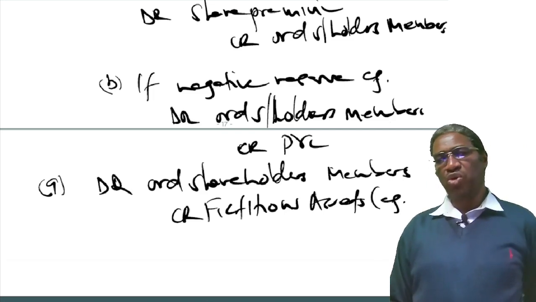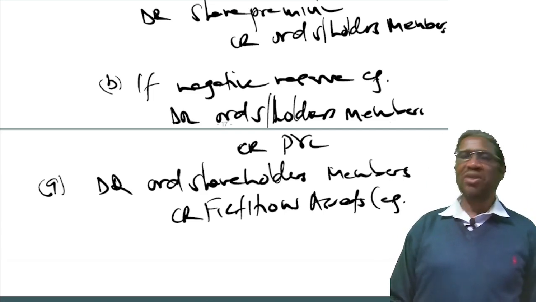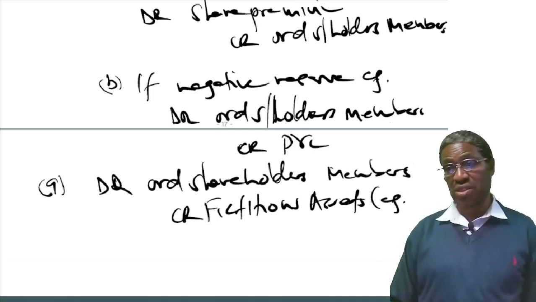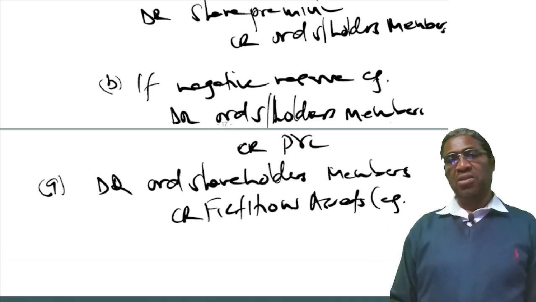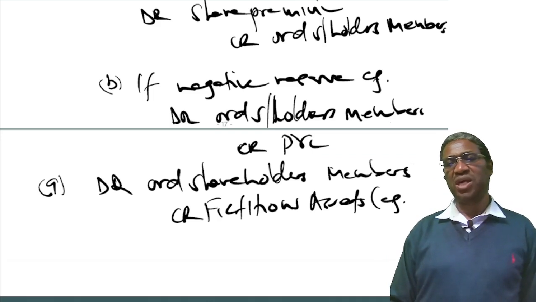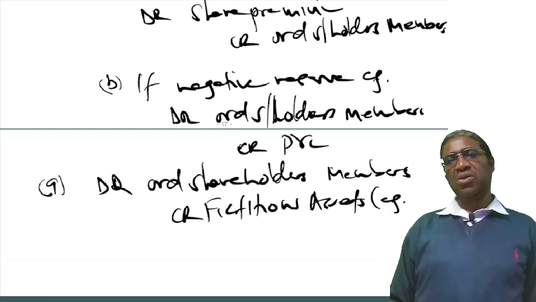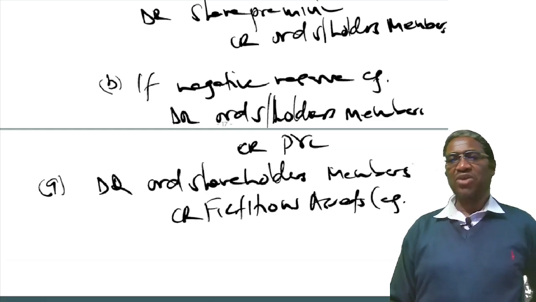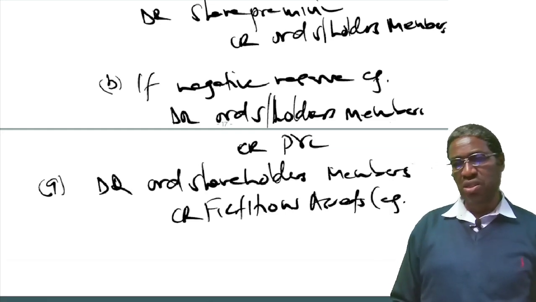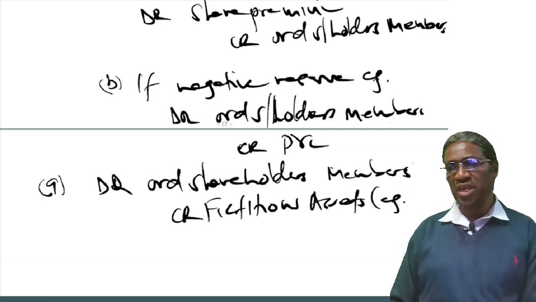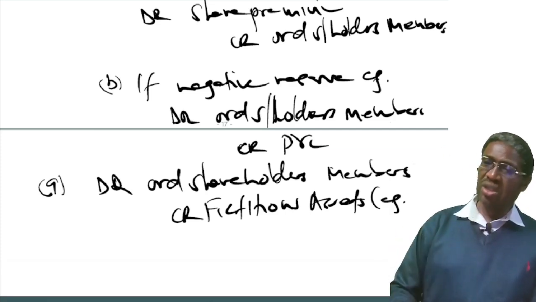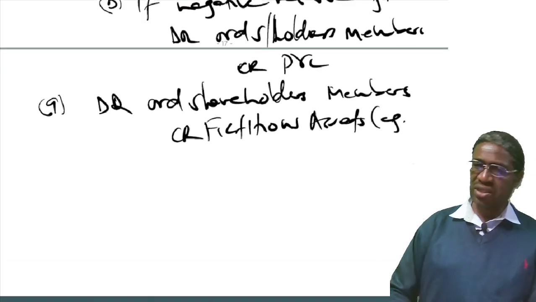Those are the most common form of fictitious assets, the intangible. So we are saying transfer fictitious assets to the ordinary shareholders members: you debit ordinary shareholders members, and you credit fictitious assets, in bracket, AG, intangible assets.